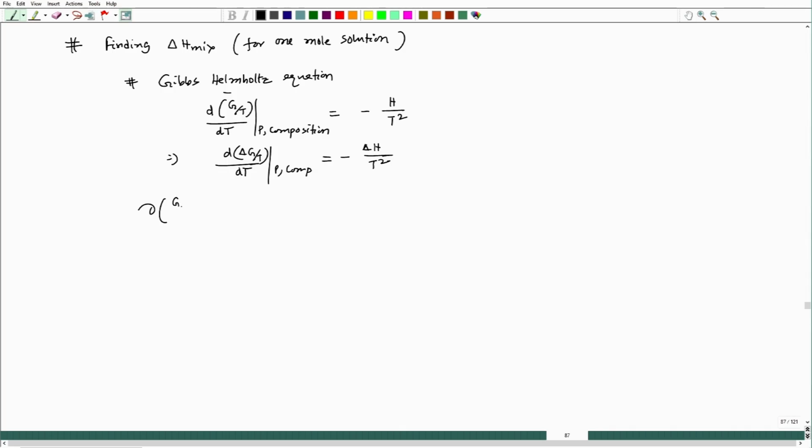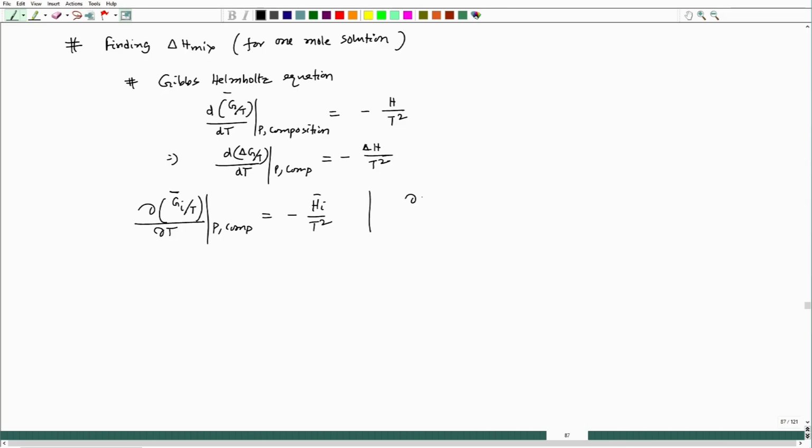If we make it a generic expression, let us say for the ith component in the solution, we find the partial molar Gibbs free energy for the ith component, divided by T, at fixed P and composition, which would be equal to minus Hi by T square.